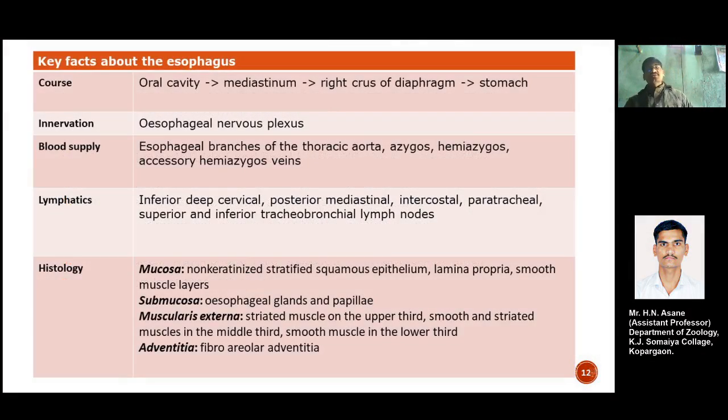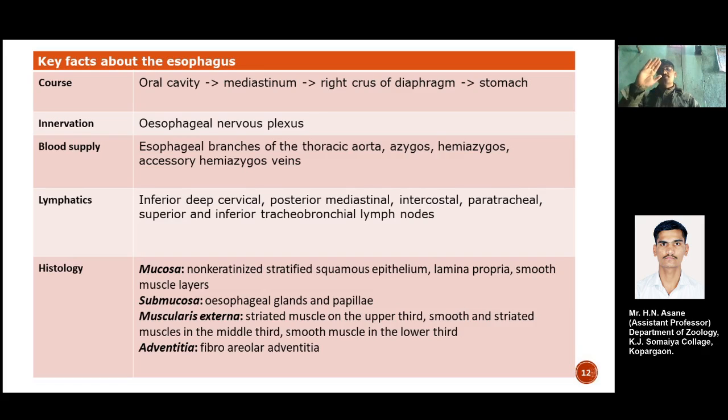So the key facts, let's summarize all we have seen into one particular chart or table, for your better understanding and better recitation. The key facts about the esophagus: the course, that means up to the stomach.